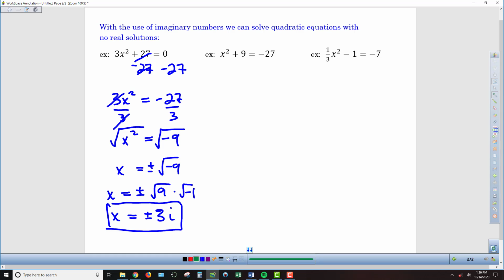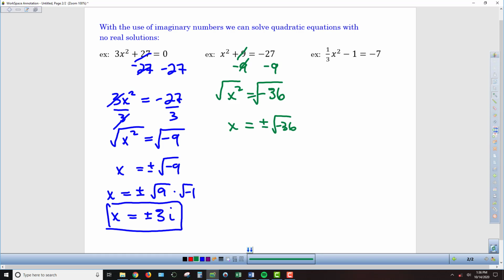In the second example, I've got the same idea. So I'm going to subtract 9 from both sides. So I've got x squared equals -27 minus 9 gives me -36. And so now we're ready to take the square root of both sides. So I've got x equals, and then of course plus or minus, and then I still have this square root of -36.